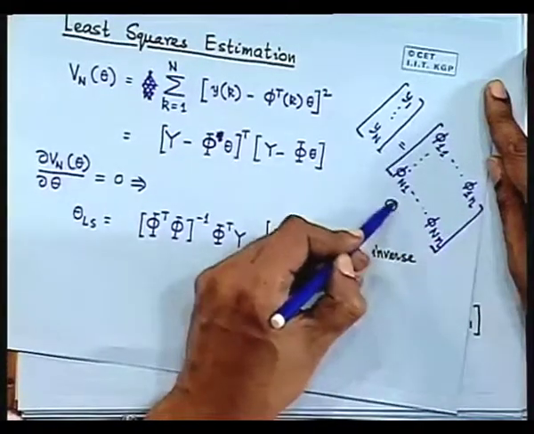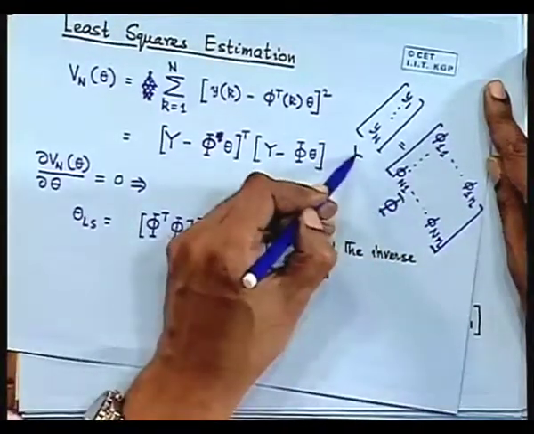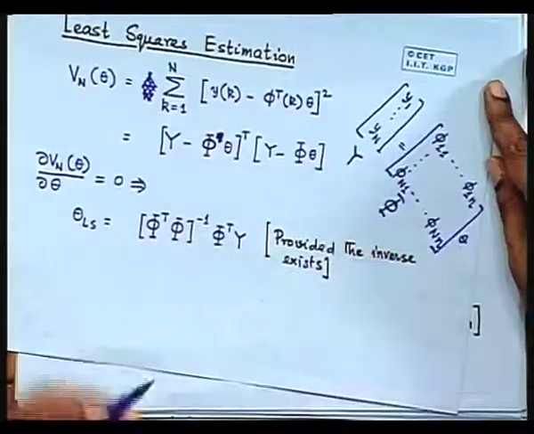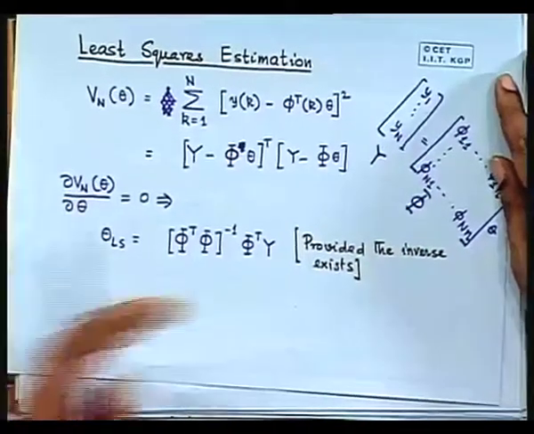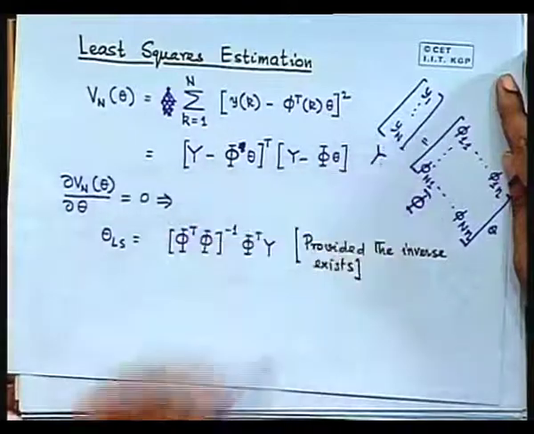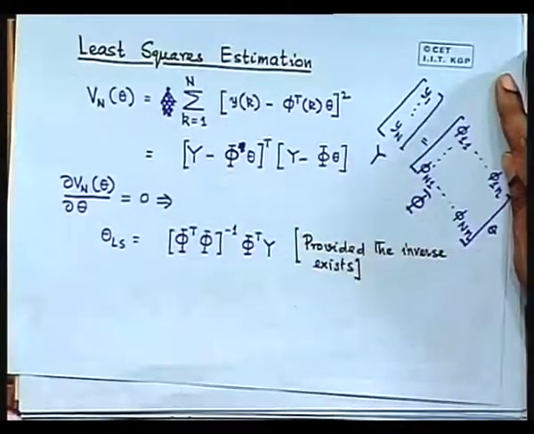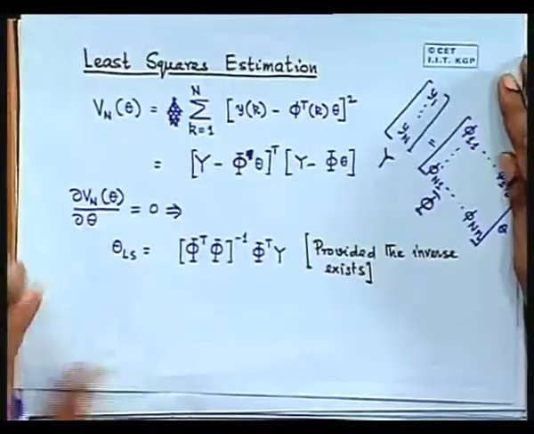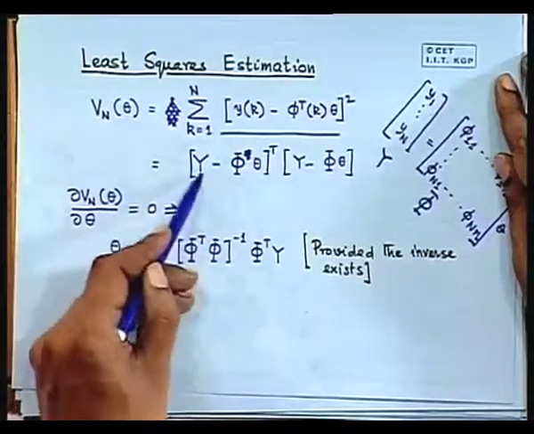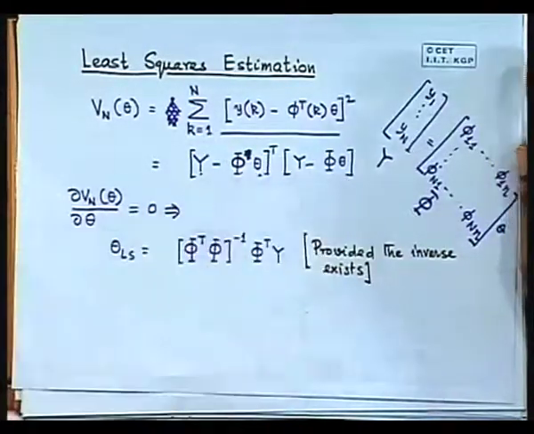This is your capital phi matrix, this is your capital Y vector, and theta is theta. So all these equations you can write as Y is equal to phi theta, that is your matrix equation. So if you want to find this square, it will be (Y minus phi theta) transpose (Y minus phi theta).